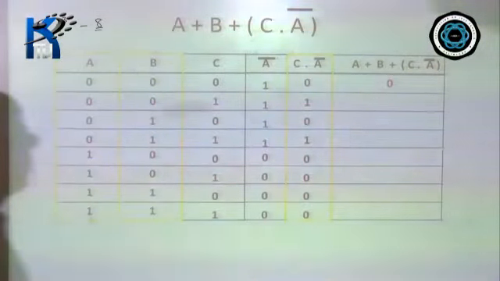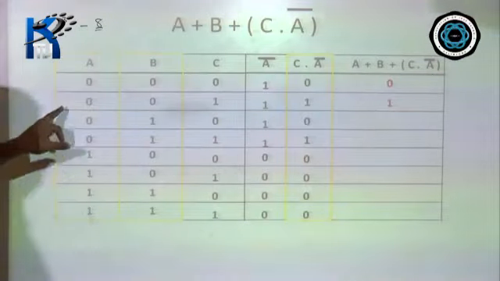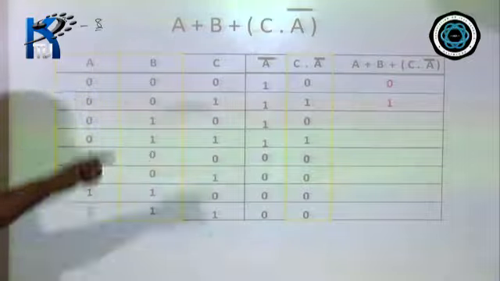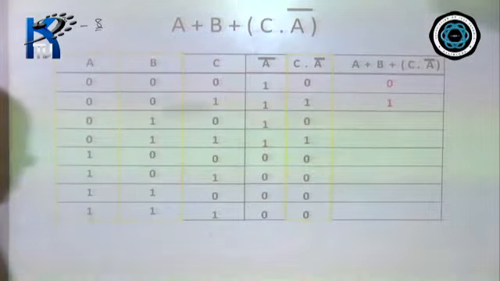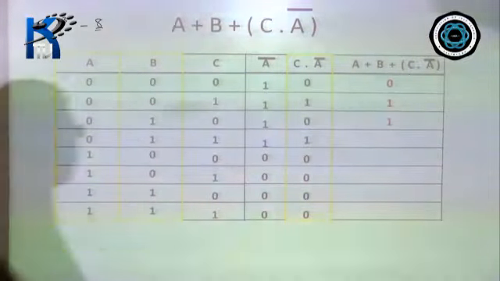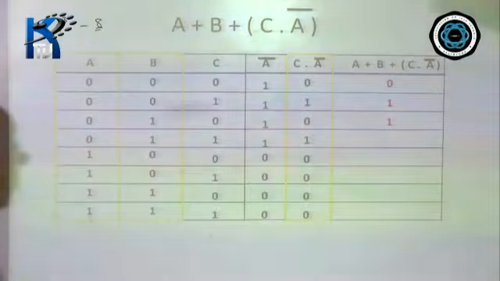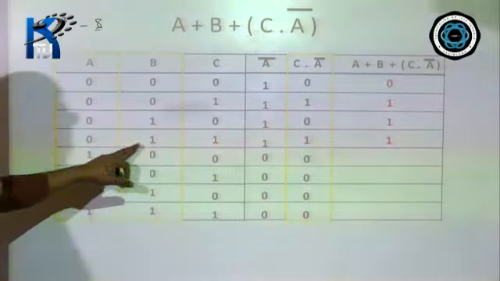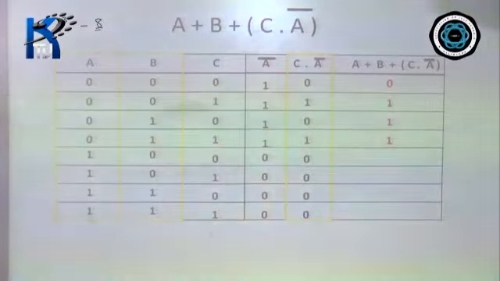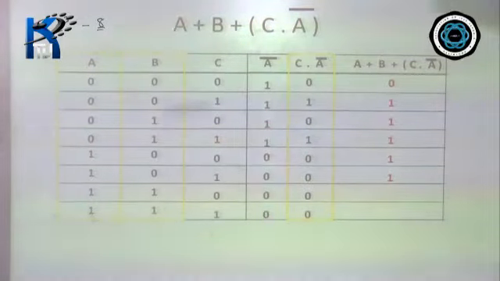So 0, 0, 1 will be 1. As I said, if any input in this row is 1, the output will be 1. Next what we have got, 0, 1, 0. So there is 1 here. So output becomes 1. In the next one also, there is a 1 here, there is a 1 here. So 0, 1, 1 is 1. Next one, 1, 0, 0 is 1. Next we have got 1, 0, 0 is 1.